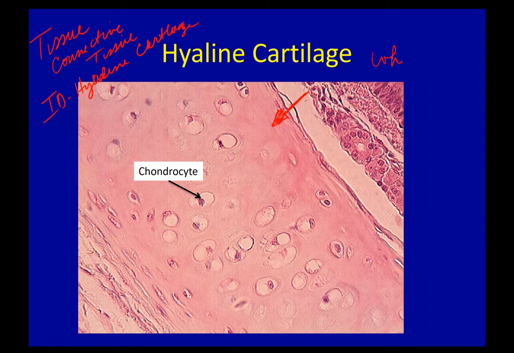Where would you find it? Hyaline cartilage is kind of the most abundant. You find it at the ends of bones. If you've ever had a turkey leg or a chicken leg, that chunk of cartilage that comes off the end of the bone is actually hyaline cartilage. The cartilage in your nose is hyaline cartilage. The cartilage in your ribs is hyaline cartilage.